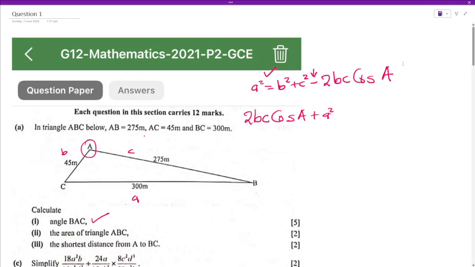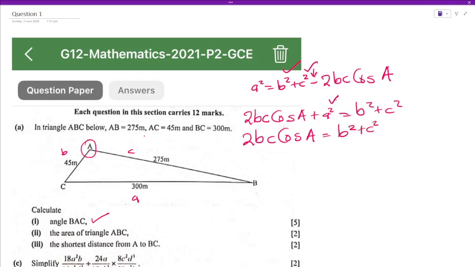Once you do that, everything else needs to go to the right. So on the right we have B squared and C squared remaining. We'll start by moving the A squared from the left to the right side of the equal sign, so it's going to be B squared plus C squared, and this one is positive, it will become negative A squared.